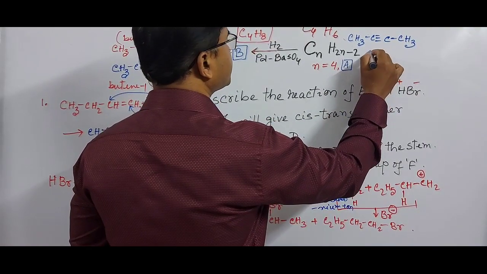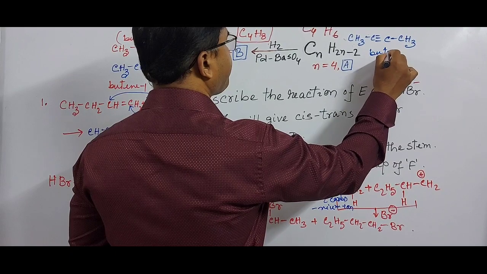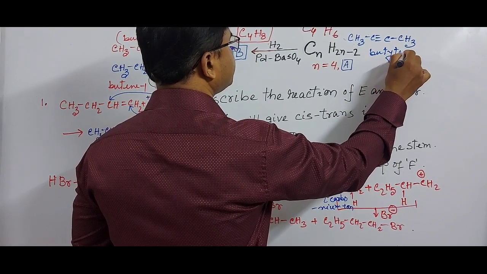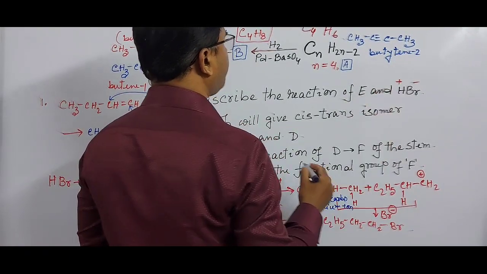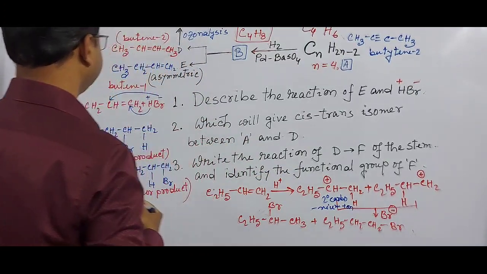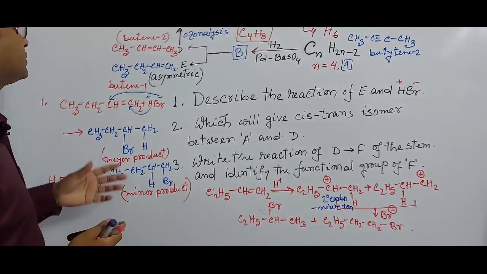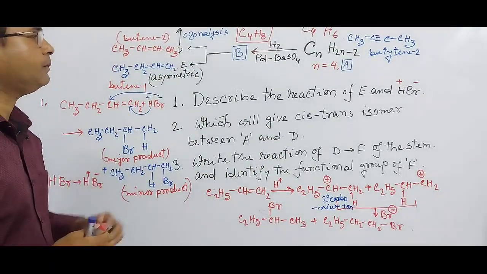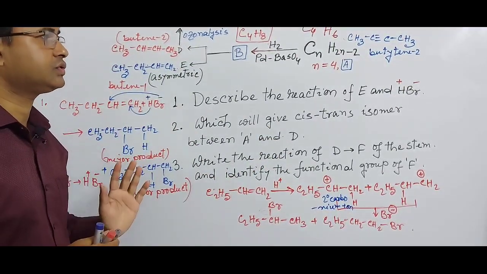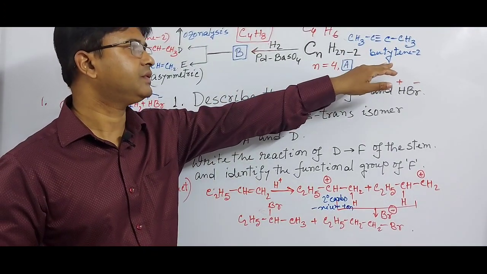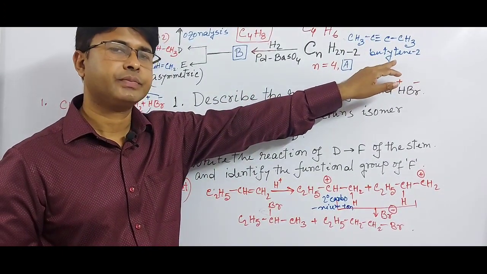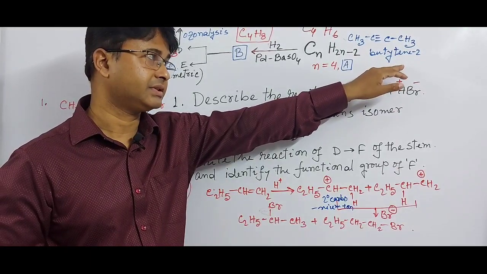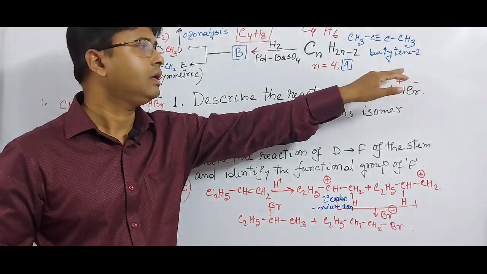This is butyne 2, and already you have understood that compound D is butene 2. Here, butyne 1 also can be written, but I have written butyne 2.